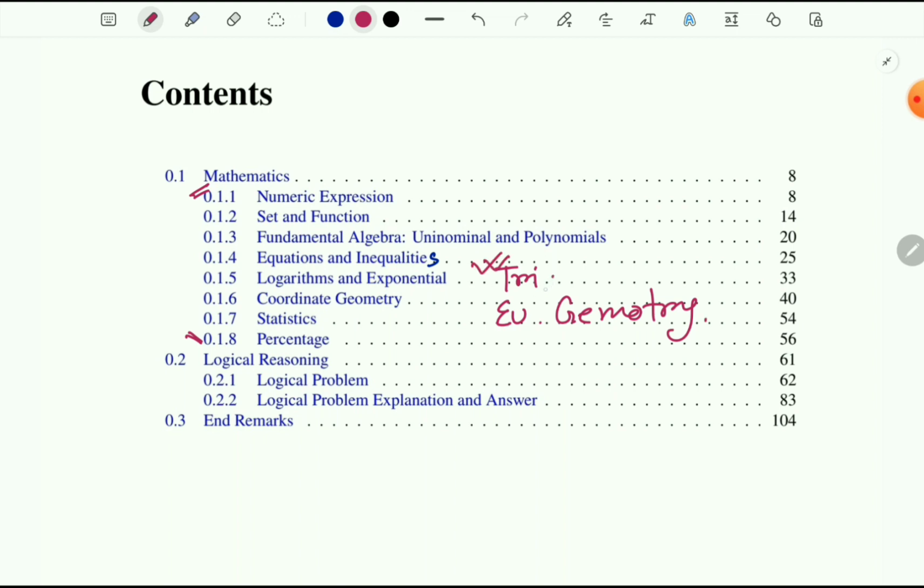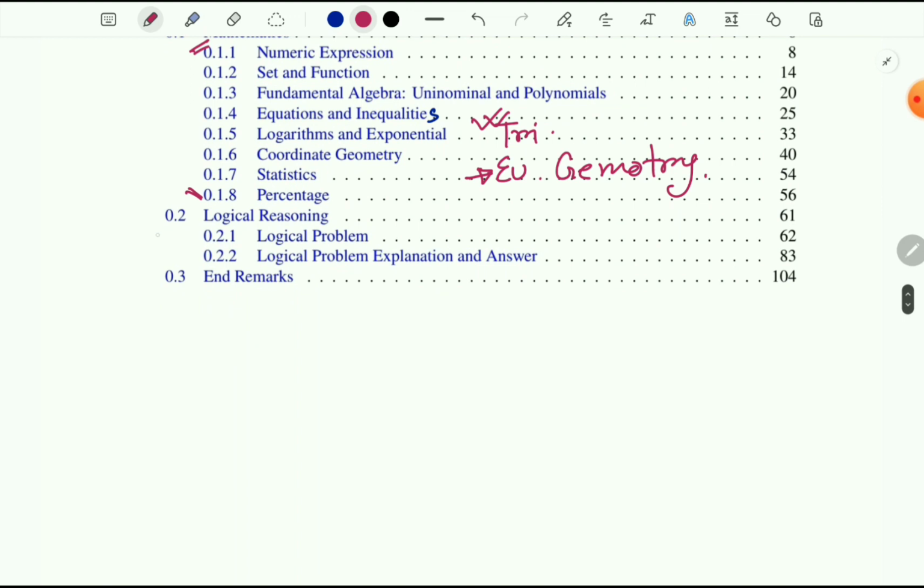A lot of questions come from this chapter, and also a couple of questions come from Euclidean geometry, so I will include these 2 chapters as well. Then in section 2 I added 60 logical problems, but sooner I will add more, so the total question number will rise to between 80 and 100.